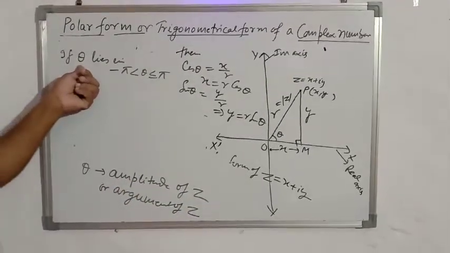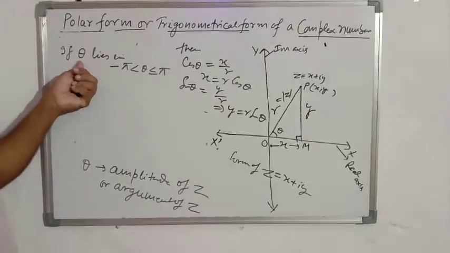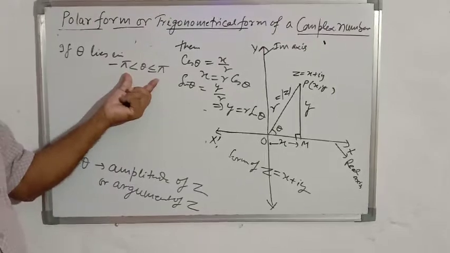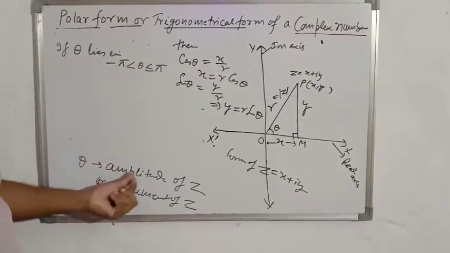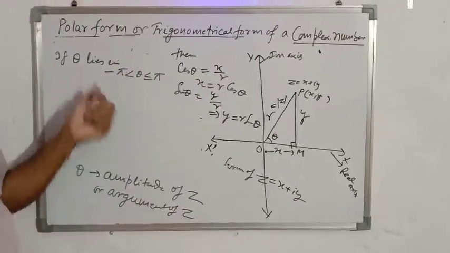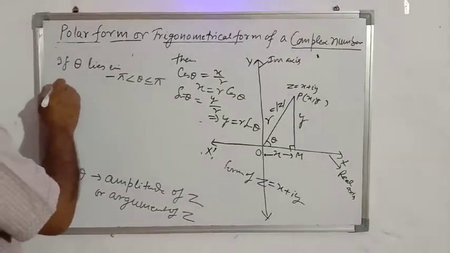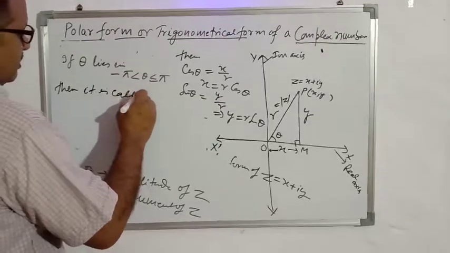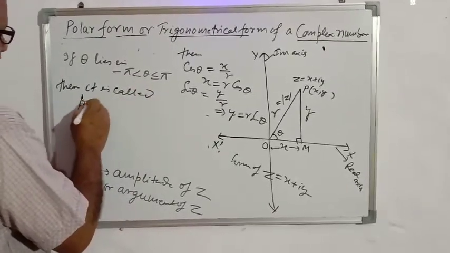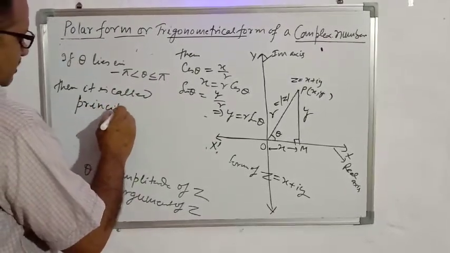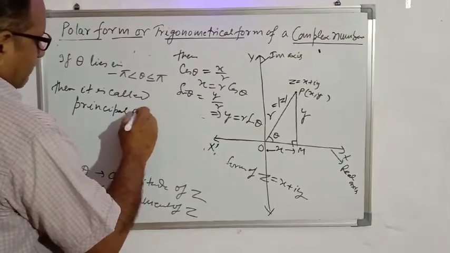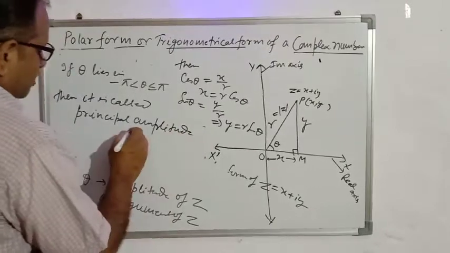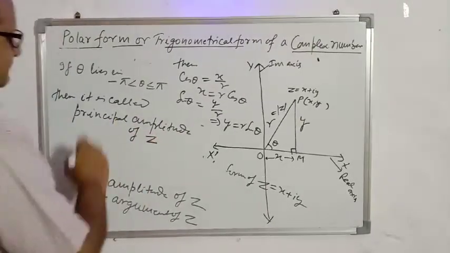Note that theta has many values, but if theta lies in this interval, then it is called the principal amplitude of z, the principal value of theta.